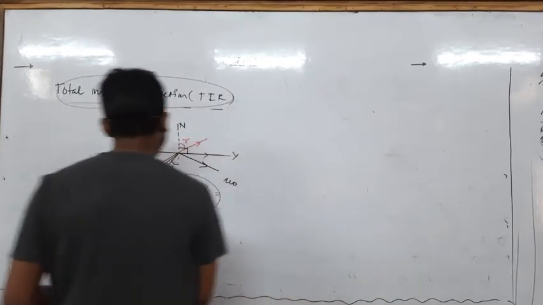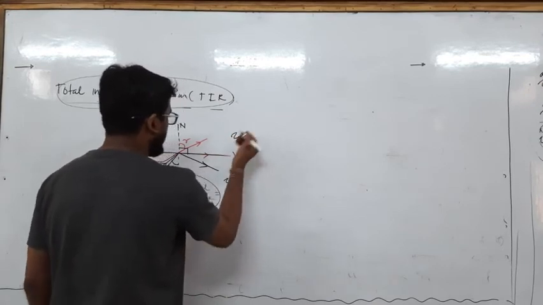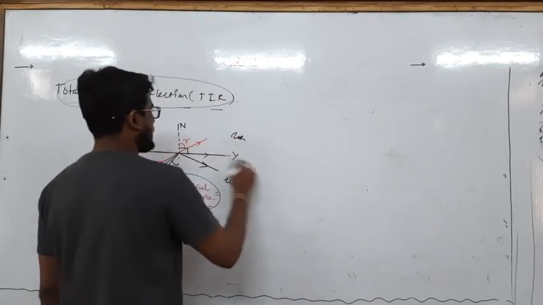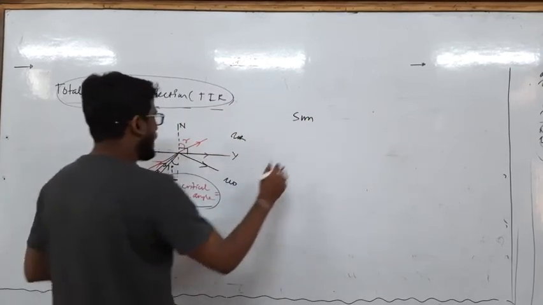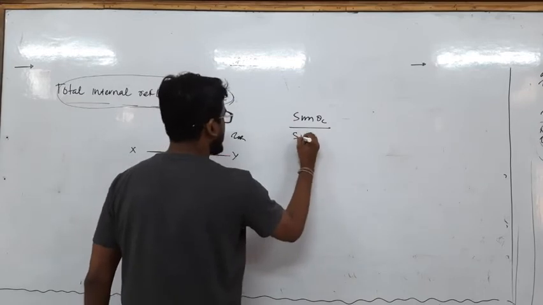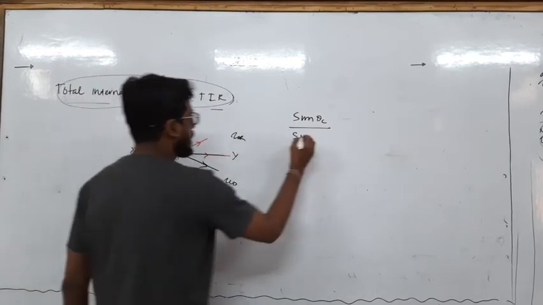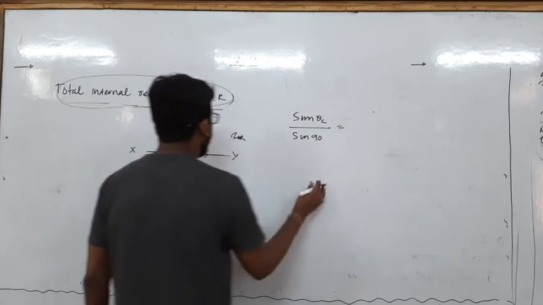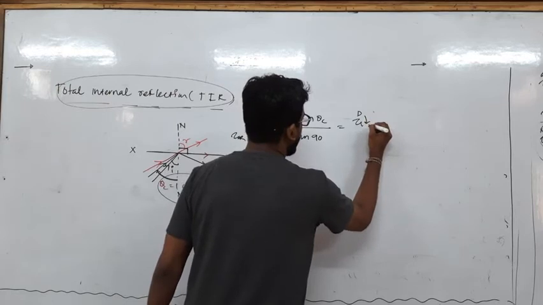As in this case, light travels from mu d to mu r.